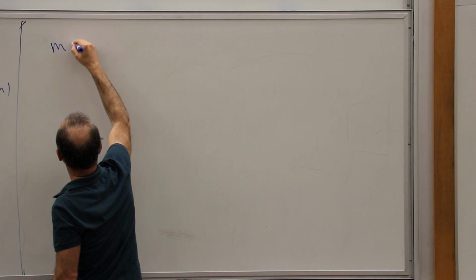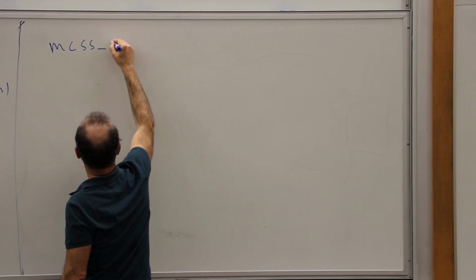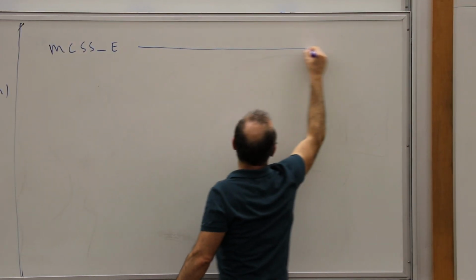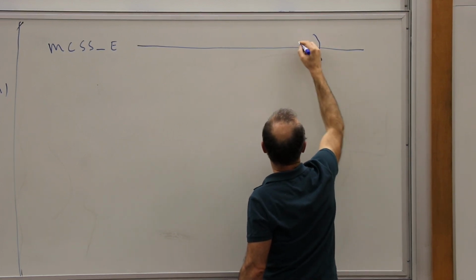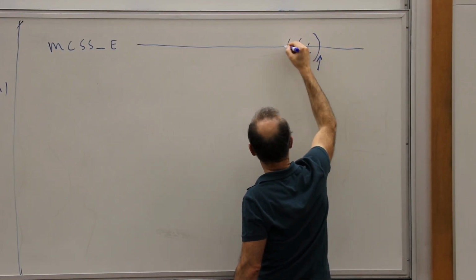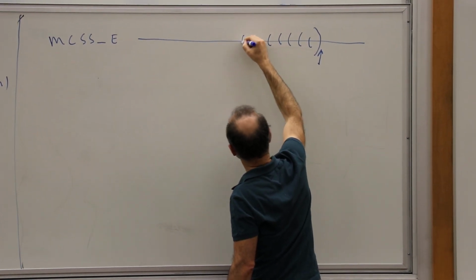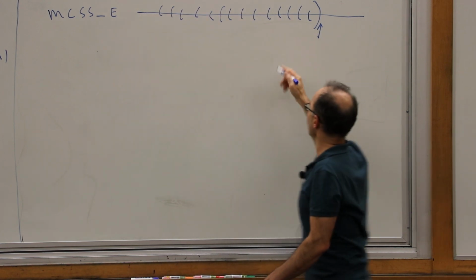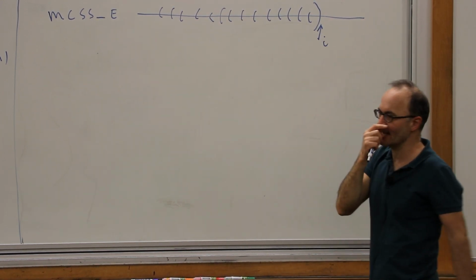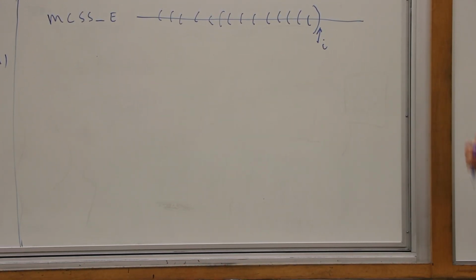So we're going to define this problem MCSS underscore E, which basically says find me the largest subsequence that ends at a particular position. The problem takes the sequence and a position I, and it says find the largest one that ends there.